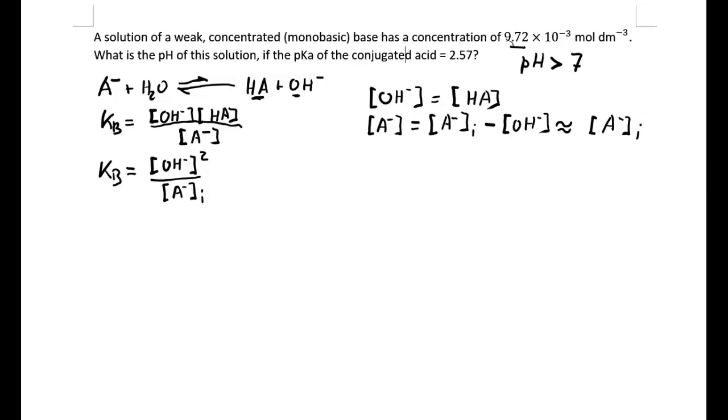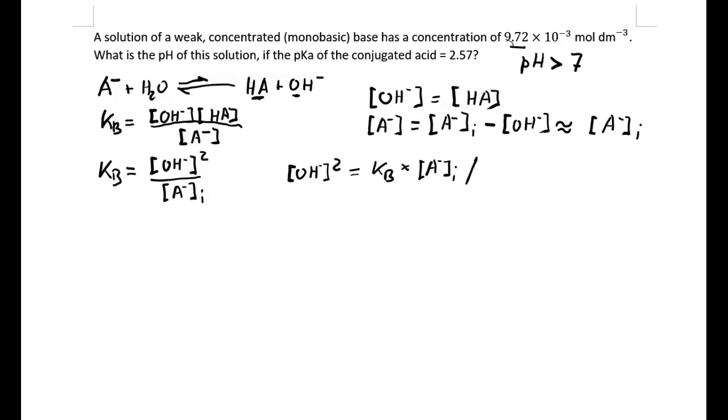And of course we can rearrange that a little bit, and we can write the OH minus concentration squared equals Kb times the initial concentration of the base. So what can we do with this?